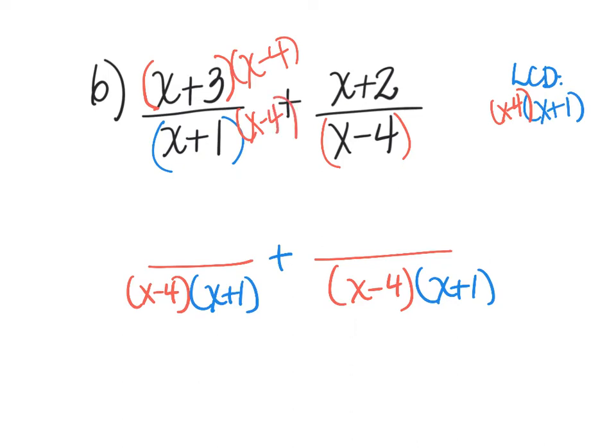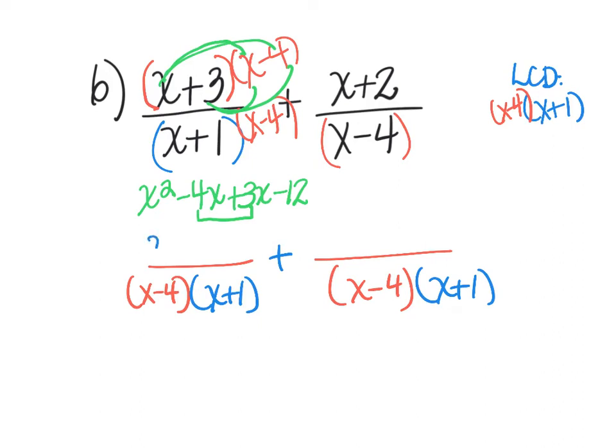It means I need to do some multiplication here. x times x is x squared. x times negative 4 is negative 4x. 3 times x is 3x. And then 3 times negative 4 is negative 12. So I'm going to put the simplified version in my numerator.